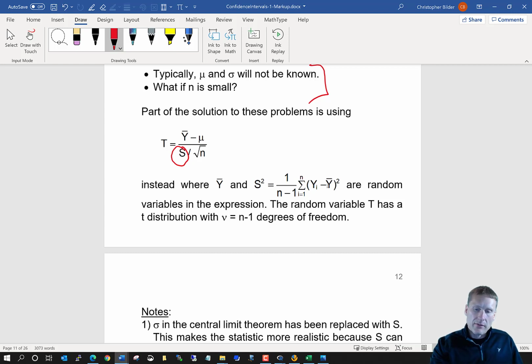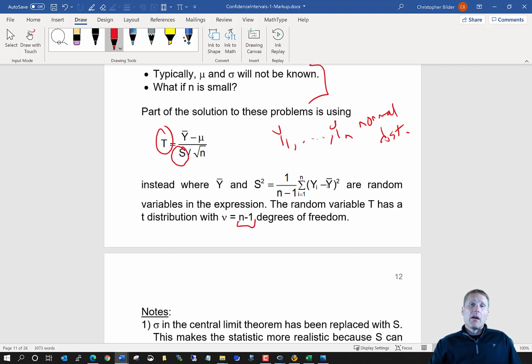If I do that, and y1 through yn has a normal distribution, meaning my population could be characterized by a normal distribution, then this quantity t here has a t-distribution where the degrees of freedom ends up being your sample size minus 1.